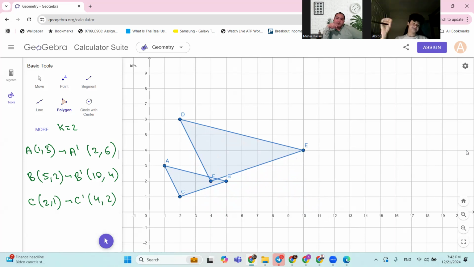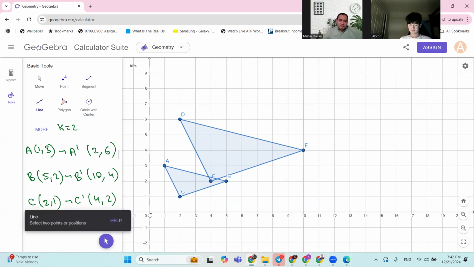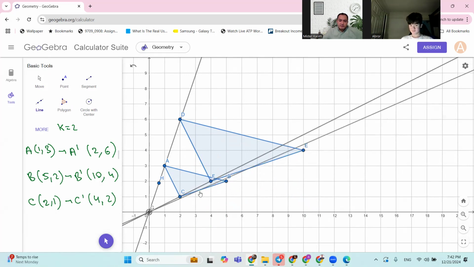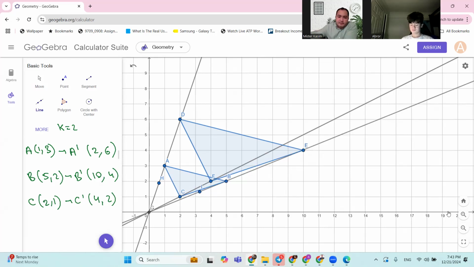You see, this figure is twice as big as this. And now if you draw a line that passes through the origin, you see, I draw another line here. What is interesting here?